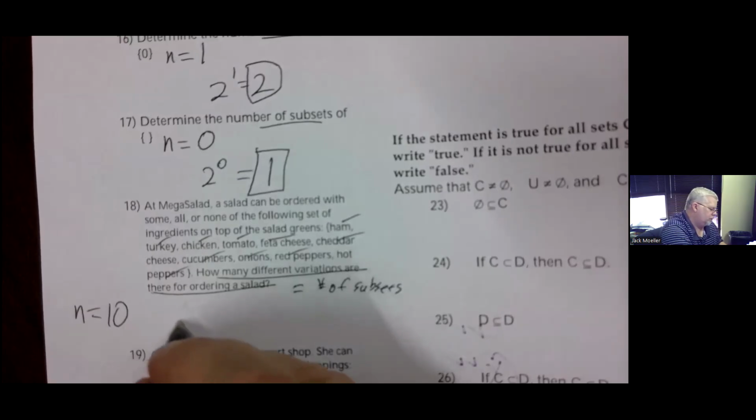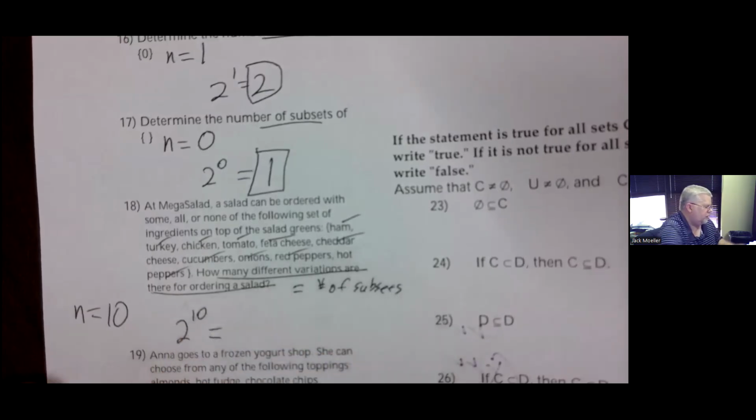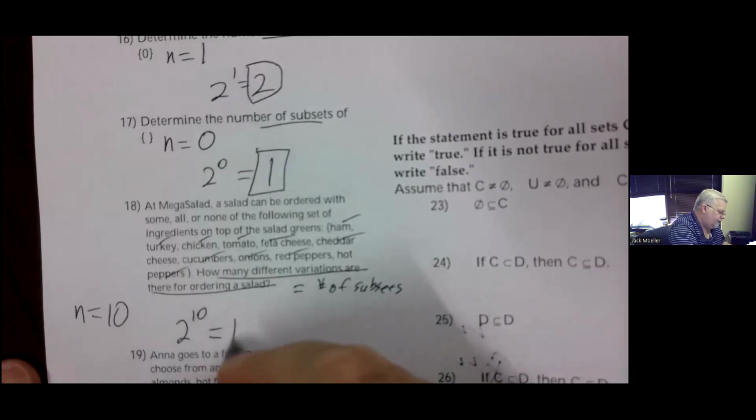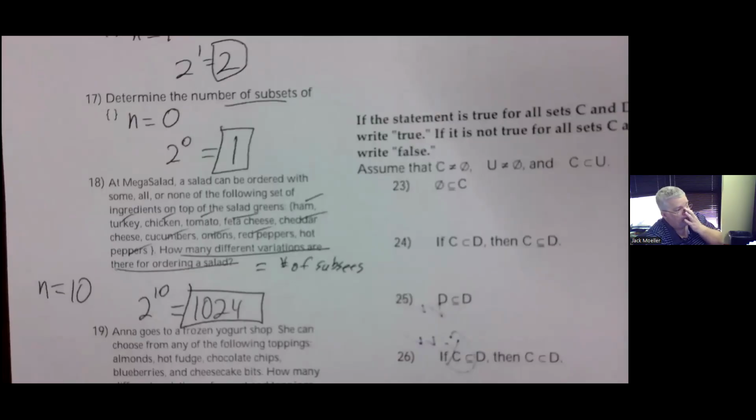We're doing the number of subsets, so it's 2 to the 10th. This is where you grab a calculator. 2 raised to the 10th power is 1024. So with 10 toppings, you could potentially have 1024 different salads.